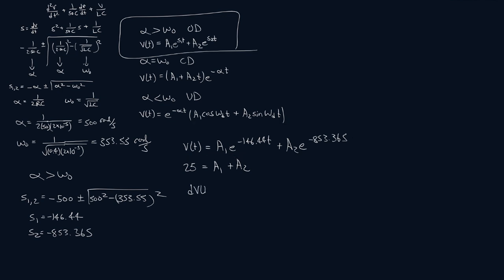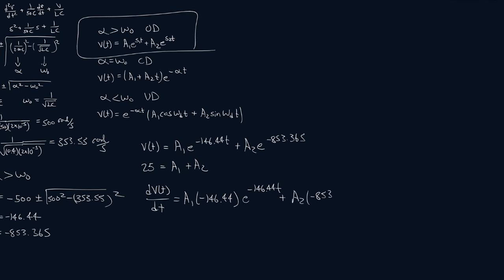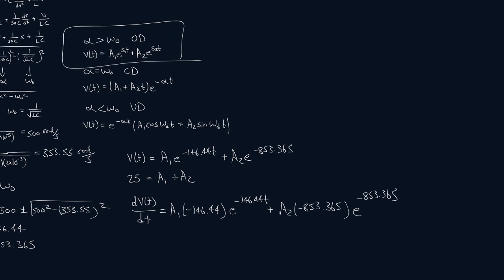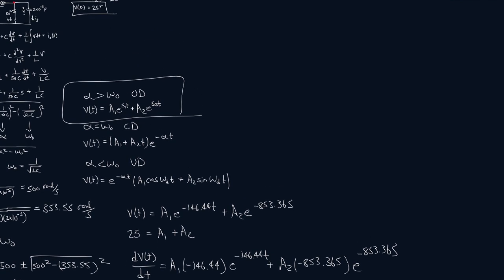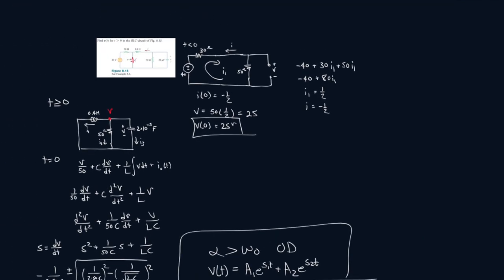So dv/dt equals A1 times minus 146.44 e to the minus 146.44 t plus A2 times minus 853.365 times e to the power of minus 853.365 t. Okay, so now we have to solve for dv/dt.